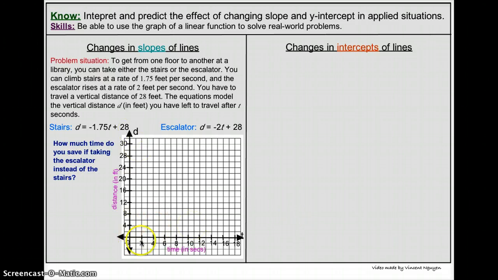I put some scales in there: the x-axis is time in seconds, and the y-axis is the distance in feet.